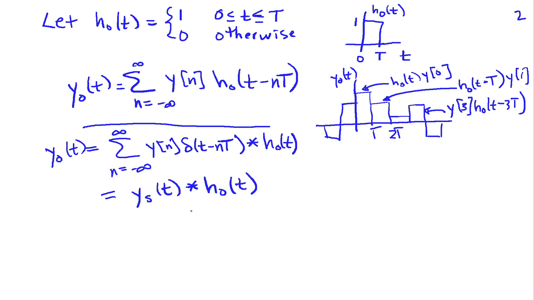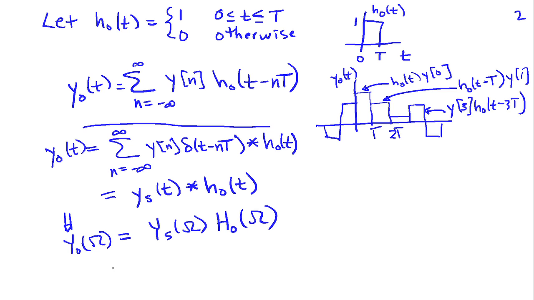Of course, if we go into the frequency domain, the convolution just converts to multiplication, and we get that y0 of omega is equal to y sub s of omega times h0 of omega.